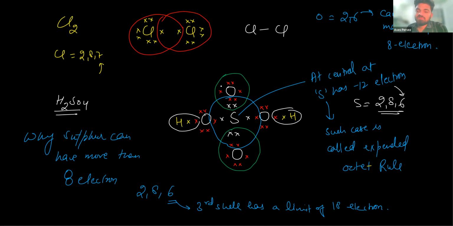Oxygen atoms, I can make it like this. This sulfur atom is going to have 6: 1, 2, 3, 4, 5, 6. Now the 4 oxygen atoms will be 1, 2, 3, 4. Now one electron of this oxygen will be shared with this one, and one electron of this oxygen will be shared with this hydrogen.